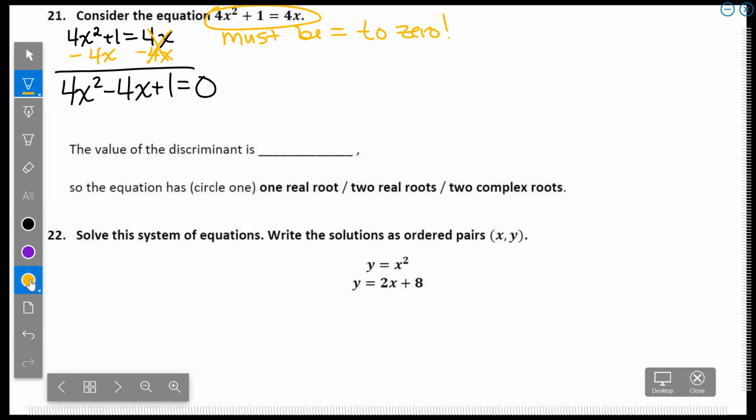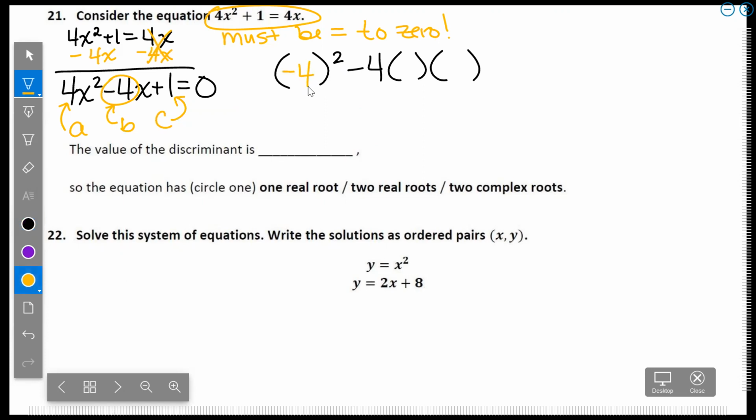What is our value for A? 4. What is our value for B? -4. And what is our value for C? 1. So let's substitute into our discriminant formula, b squared minus 4ac. So b is -4.